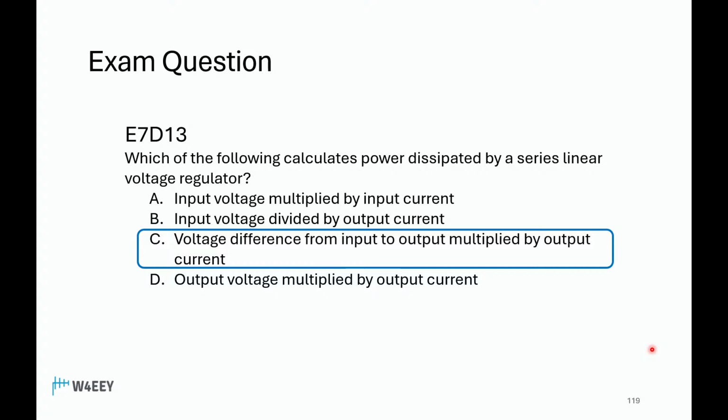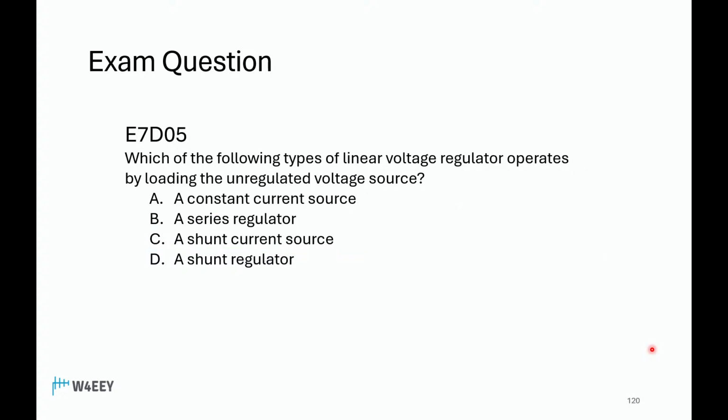Power equals current times voltage. Good, that's it. Which of the following types of linear voltage regulator operates by loading the unregulated voltage source? This was the one and only pull question for this type of regulator. Delta. It was delta, the shunt regulator, correct?